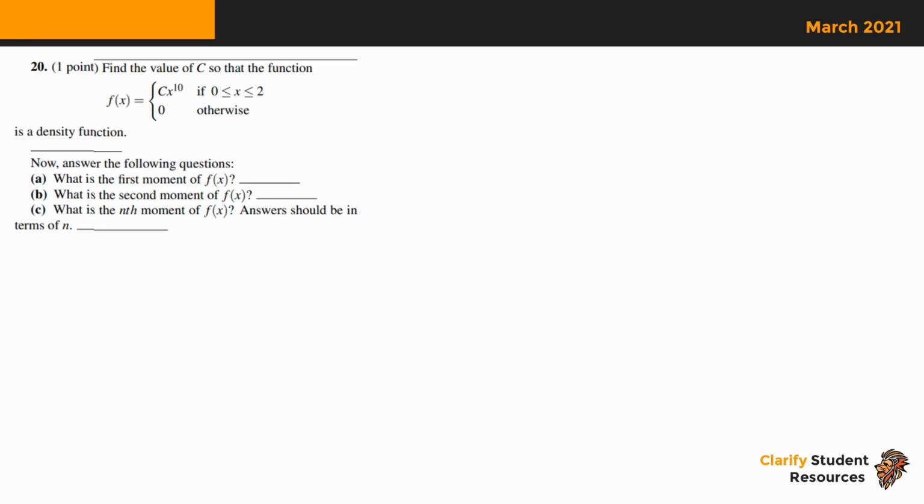Okay, for question 20, again, they're telling us it's a PDF, so we know that the integral over its range is going to equal 1. So we're going from 0 to 2 of c x to the 10 dx is equal to 1. We can do the integral in our head here: because it's x to the power of 10, it's going to be x to the power of 11 over 11.